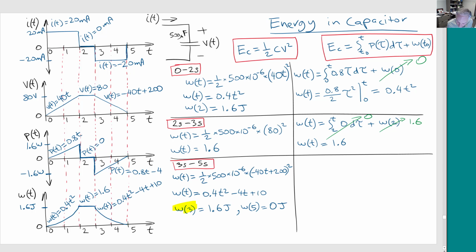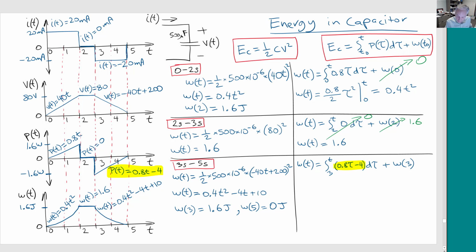We get our data points. At 3 seconds, it's the same as what we expect. That's where we're starting from the previous piece. And then at 5 it's going to go down to 0. So then we can just plot that line and then denote the function for that piece there. And then doing the integral, we'd have to take the integral of power, so that's here, and that comes from right here.